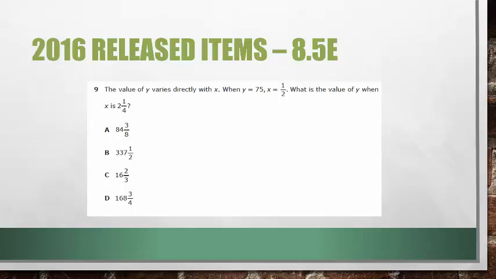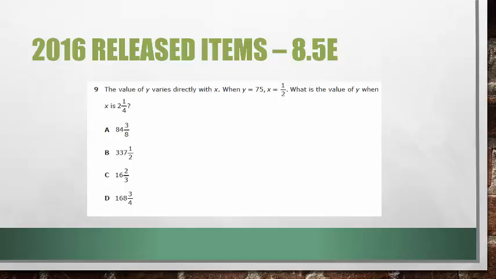The proportion that you could have the student set up is y over x equals y over x, substitute in 75 for y, substitute in 1/2 for x, and then in the second ratio you could have x substituted in as 2 1/4, and then have the student solve that proportion for y.